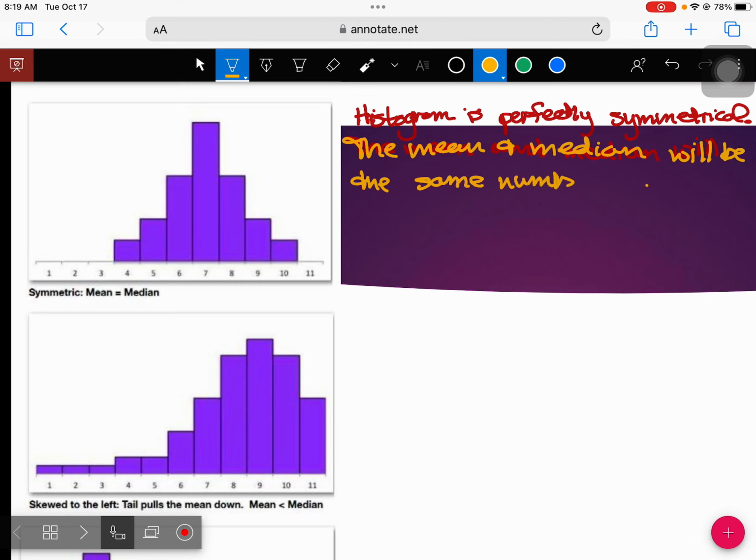Okay? So for this graph, what would my median and mean happen to be as you look at it? 7. That's right. It's going to be right here, right down the middle, and that is 7. So your mean is equal to 7. That's your average. Your median is equal to 7.